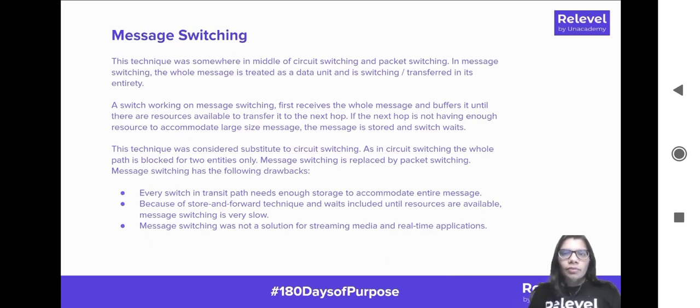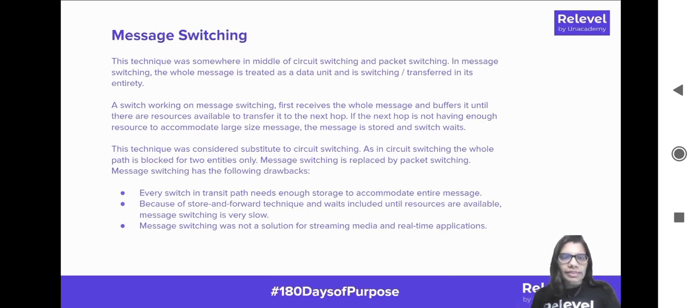The main drawback is that every switch in the transit path needs enough storage to accommodate the entire message. Another disadvantage is that, because of the store and forward technique and waiting until resources are available, message switching is very slow. Next, message switching was not a solution for streaming media and real-time applications.